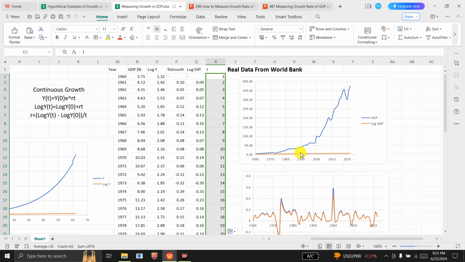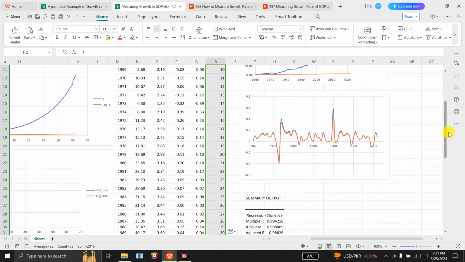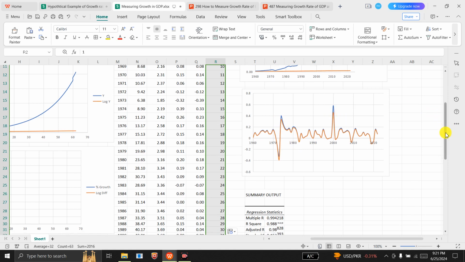So this is the log, and then I have graphed the two growth rates. One is percentage growth, and the other one is the log difference. Since more or less they are exactly the same, they are overlapping, except there is a little bit of difference, and this is the statistical difference between the two.